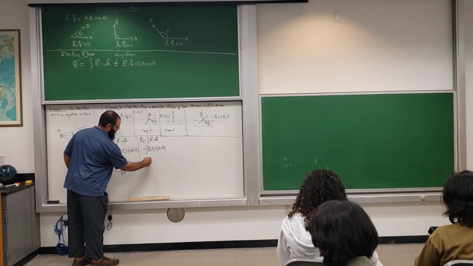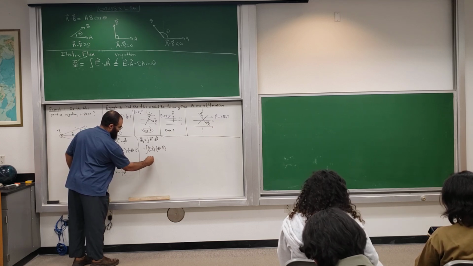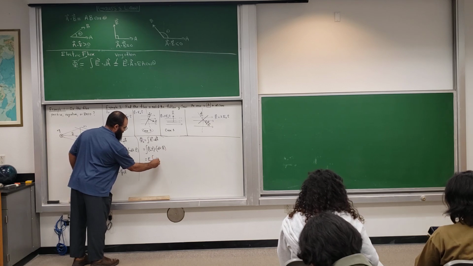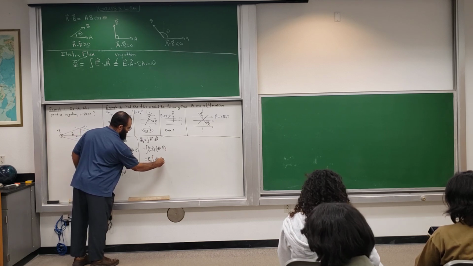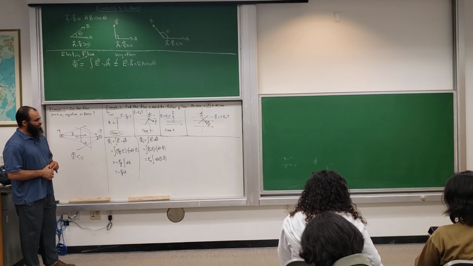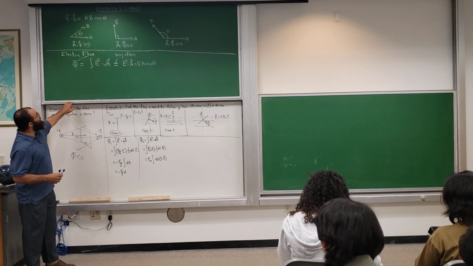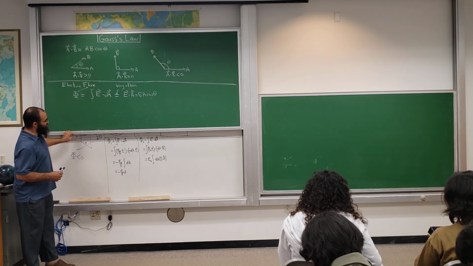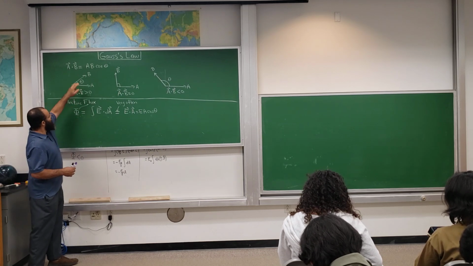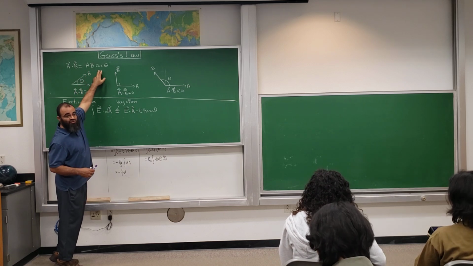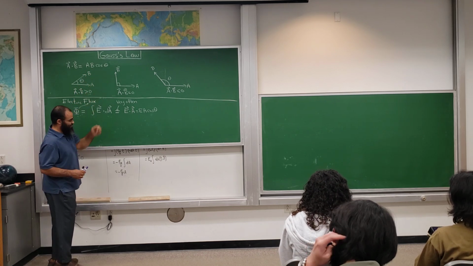So I have E naught just comes out of the integral. And then I have my dA. And then we have this I hat dotted with N hat. Okay? I hat dotted with N hat. The dot product of two vectors is the magnitude of the first vector times the magnitude of the second vector times the cosine of the angle between them.